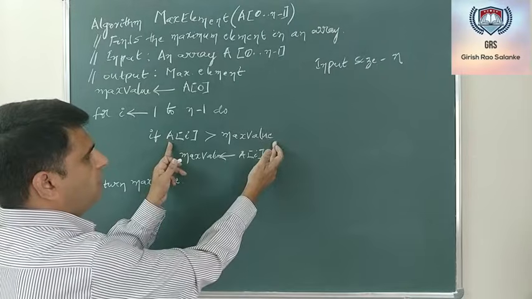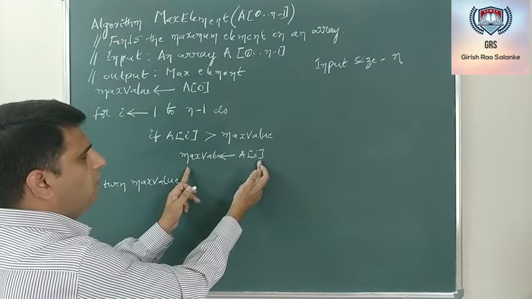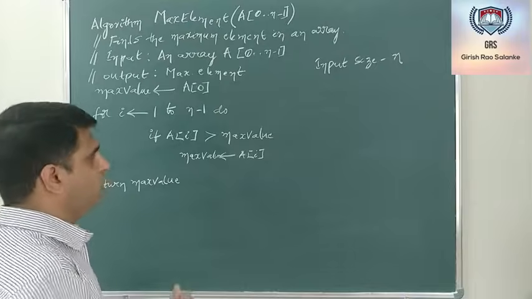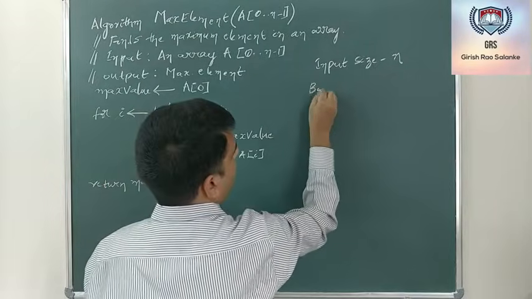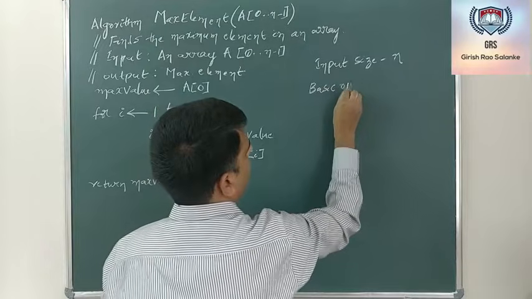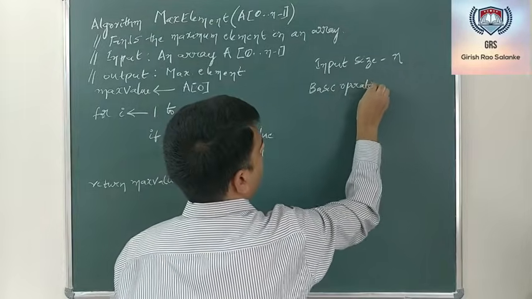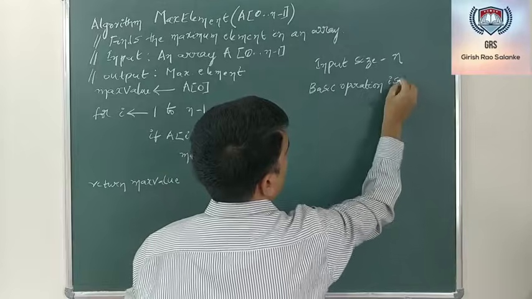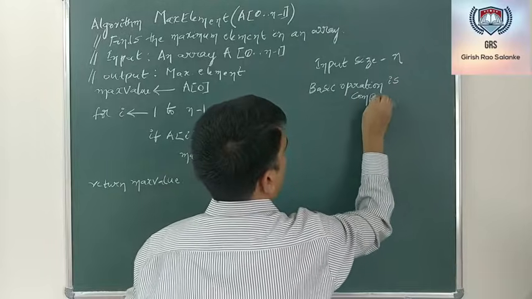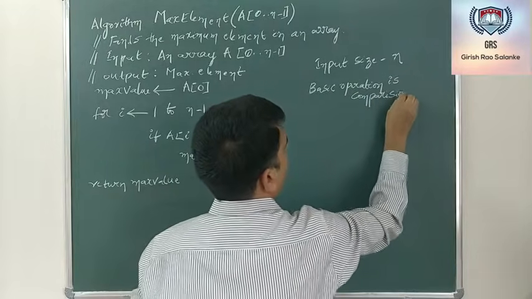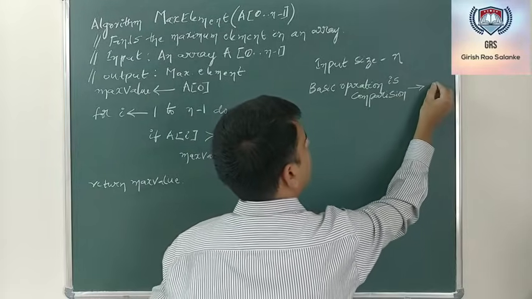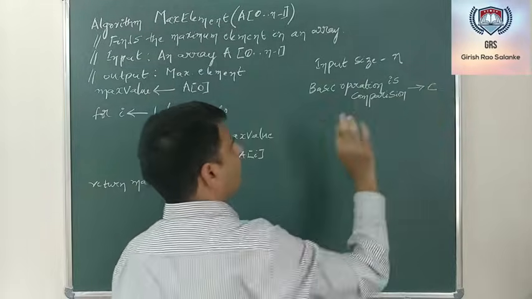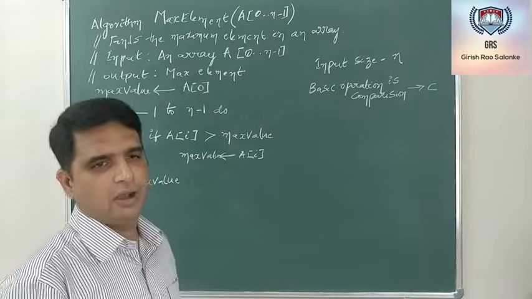If this comparison is false, it will never go for the initialization. So in this particular algorithm, the basic operation is comparison. Let me use the variable c: c denotes the basic operation, which stands for comparison.